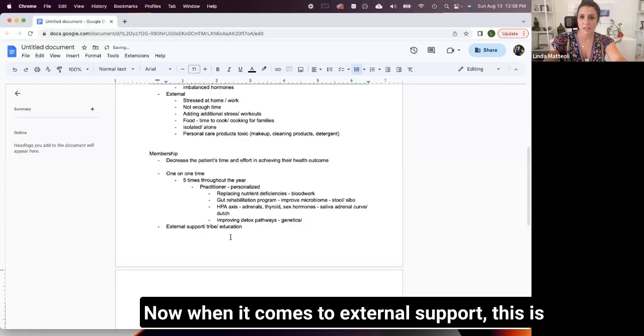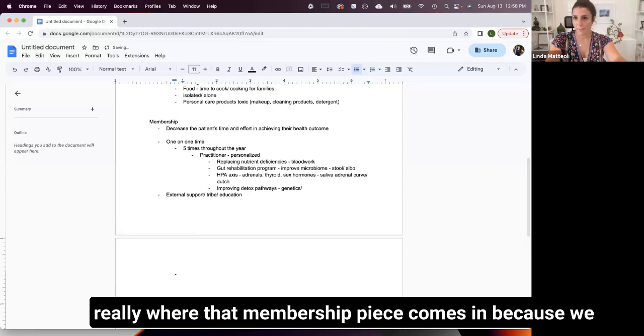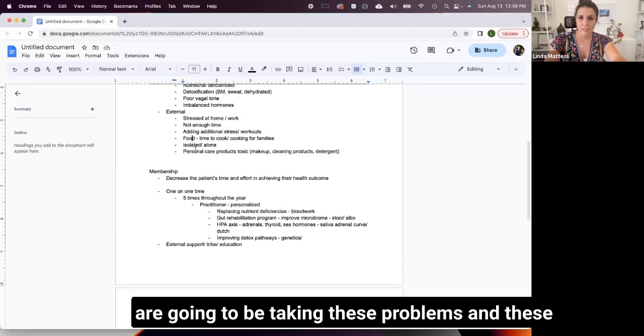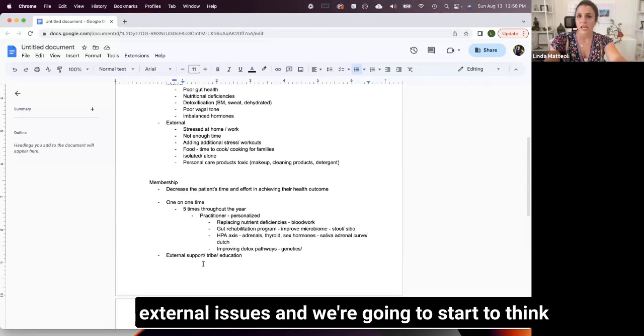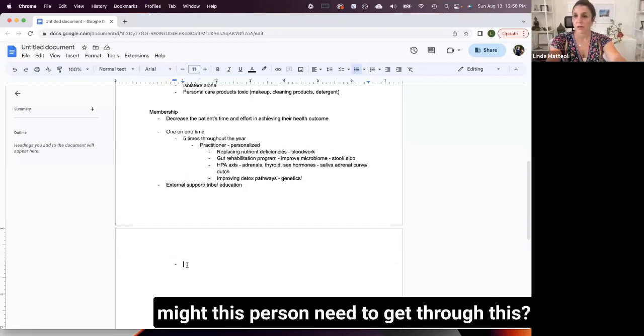Now, when it comes to external supports, this is really where that membership piece comes in, because we are going to be taking these problems and these external issues, and we're going to start to think about what kind of education, what kind of support this person might need to get through this.